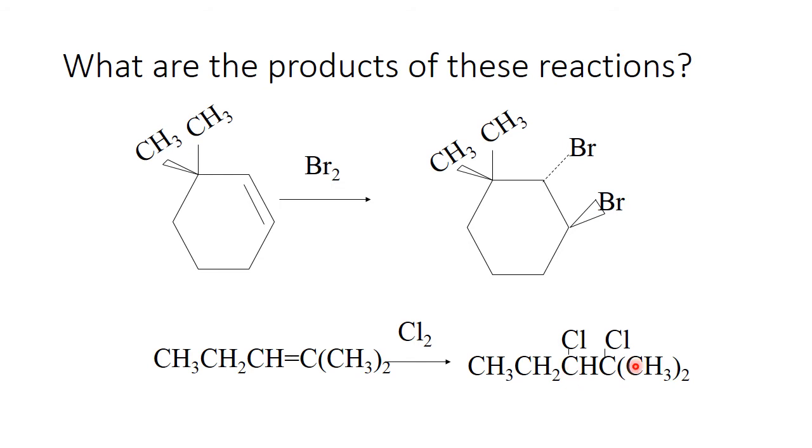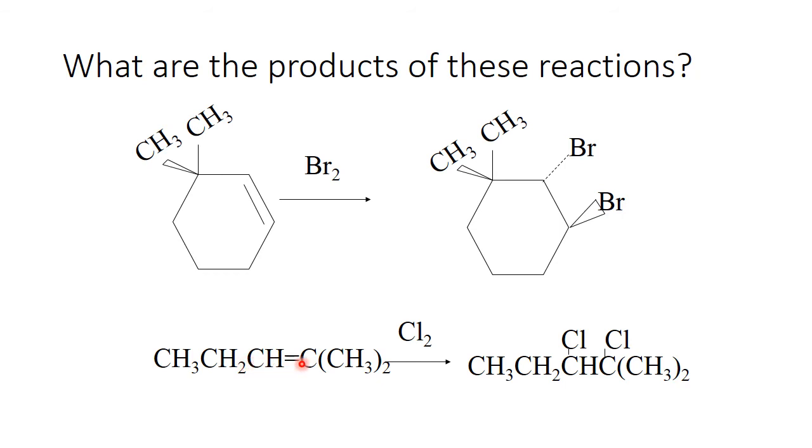Enantiomers would form. But what is a key thing for you to be able to do at this point in time? With time, you're going to be able to figure out the enantiomers and things. That's kind of challenging for you right now. The key thing for you to get is if there's a ring or the double bond is somehow where you would see a difference, make sure that you put your bromines or chlorines in an anti-position.